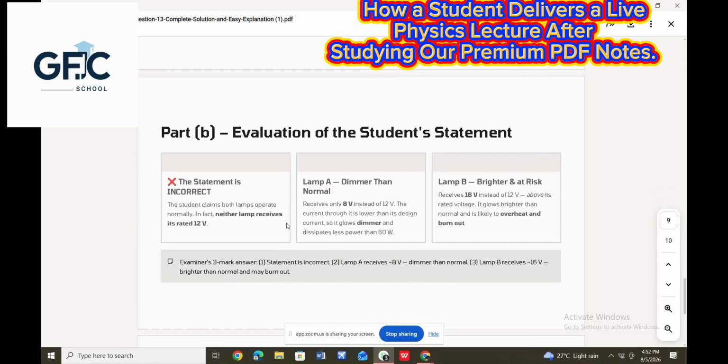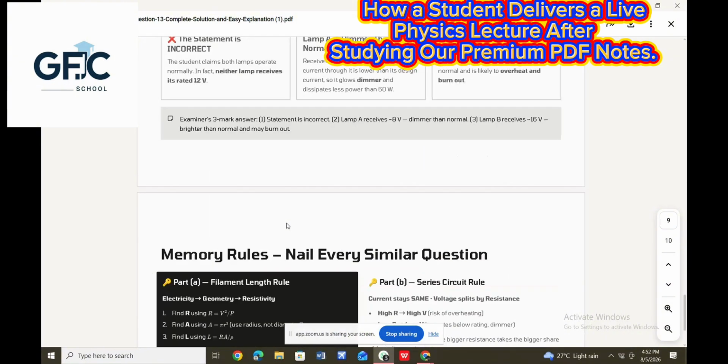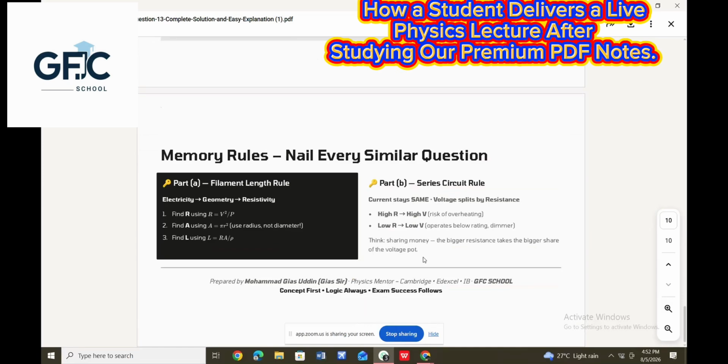If you think something is wrong, you might cross-check. And finally, take a look at the suggestions, memory rules, which are the suggestions for the formulas which have to be used step by step, and logically think about every part of the question carefully.